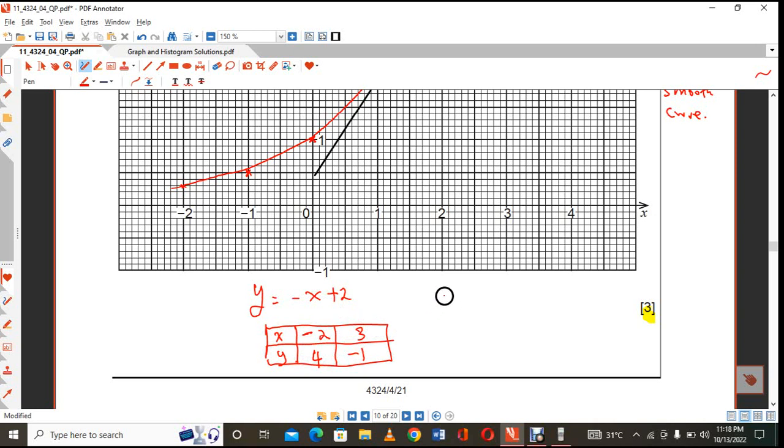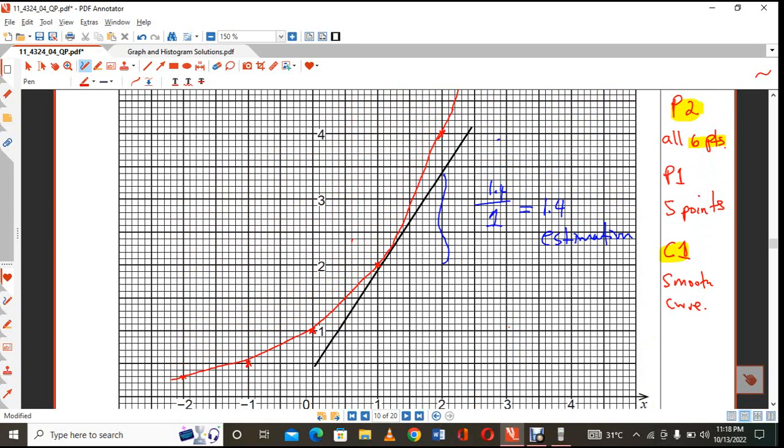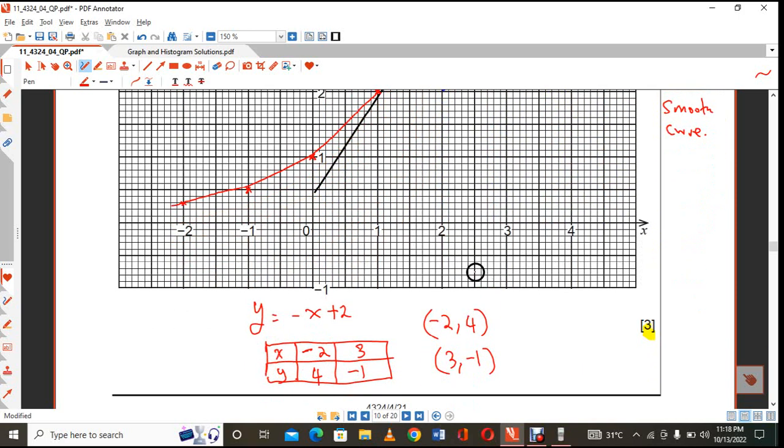So I'm going to plot the points (-2, 4) and (3, -1), and I'll join those points and they become a straight line. Negative 2, 4 is all the way up there. The other one, 3, negative 1, is all the way down here.